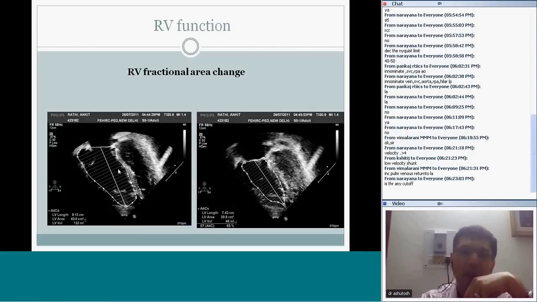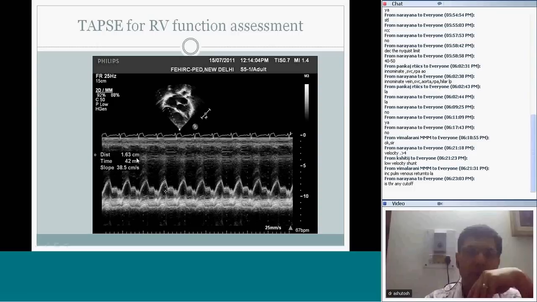So this was the area change, and now this is decreasing. The RV area increases, the volume goes up, and for serial follow-up, you can't have MRIs every time a patient visits. So something like this, which is a rough tool, can be pretty handy.